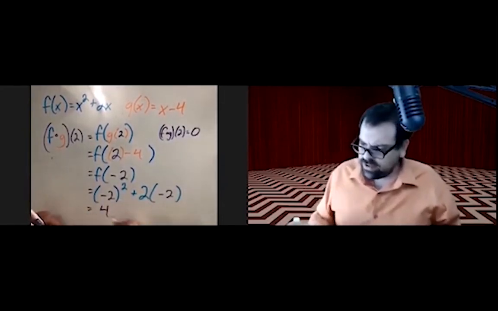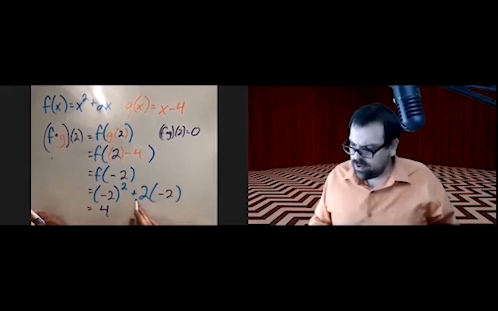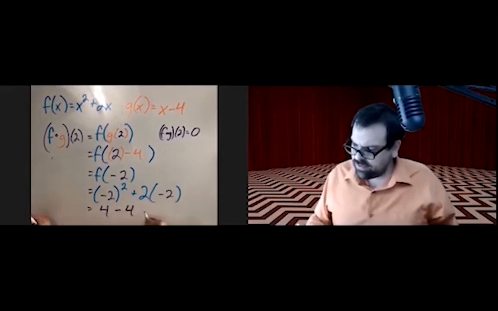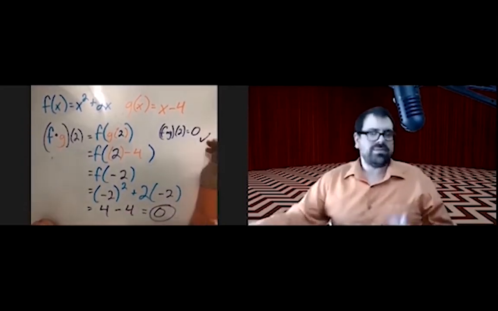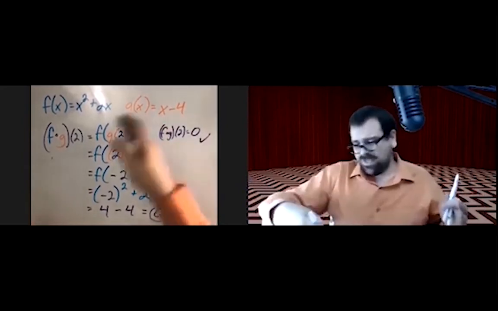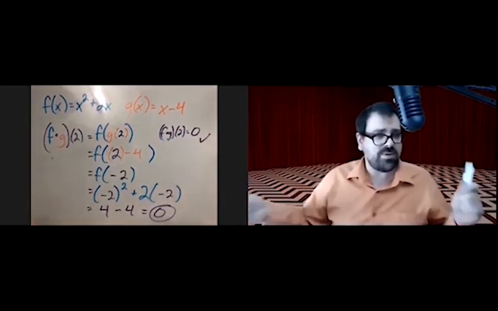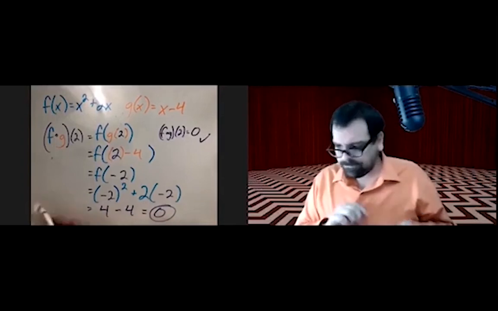Negative 2 squared is 4. Plus 2 times negative 2, that's minus 4. And we get 0 that way as well. And I feel better about thinking that I'm wrong, because I did it 2 ways. I got the same answer both times. I know I'm right.